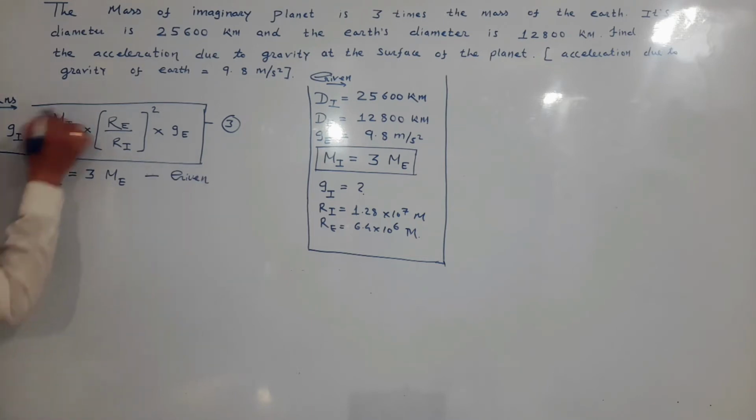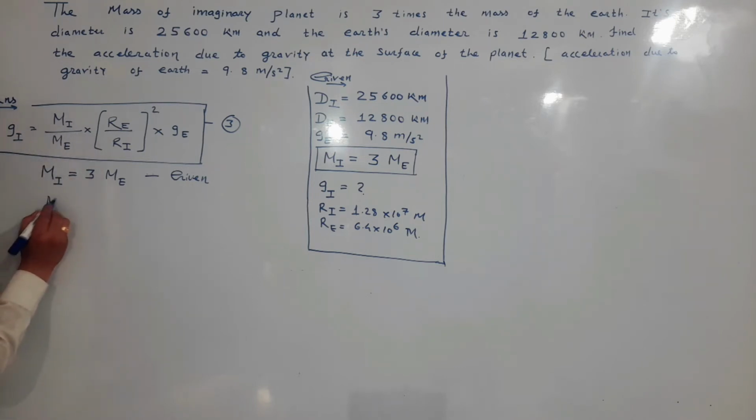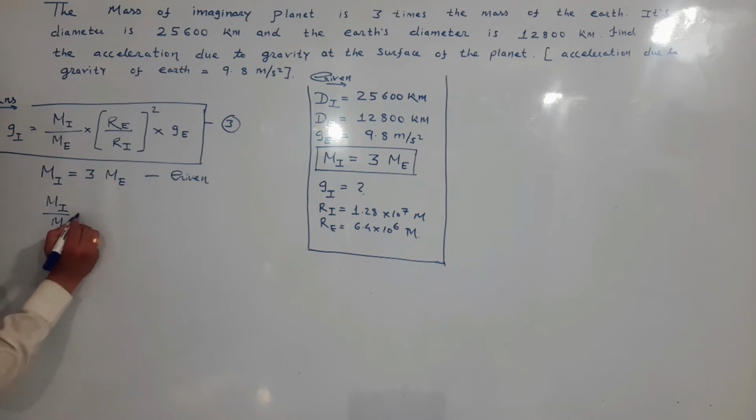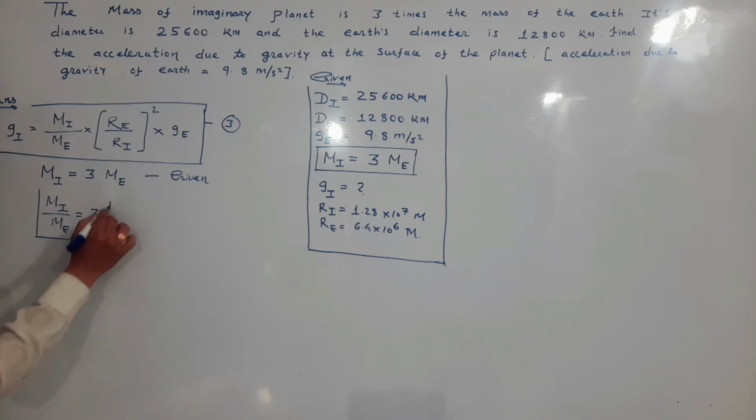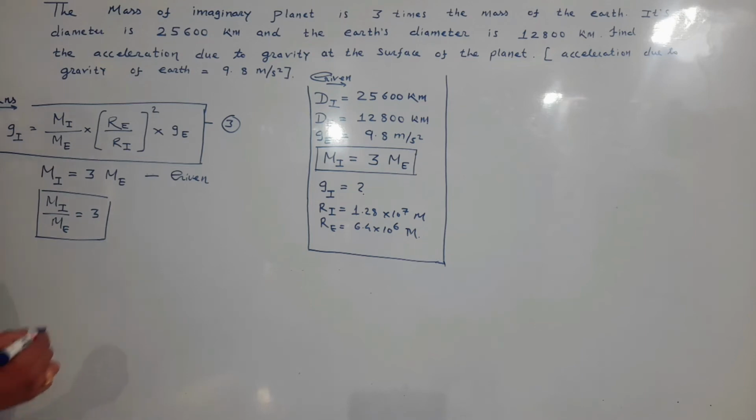From this we can find Mi upon Me. So Mi upon Me is equal to 3. Now let's put all the values which are known to us.